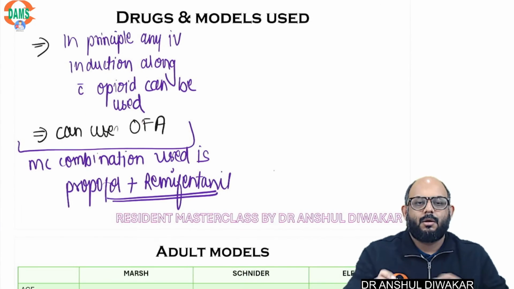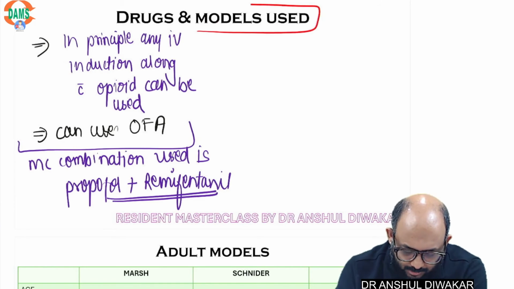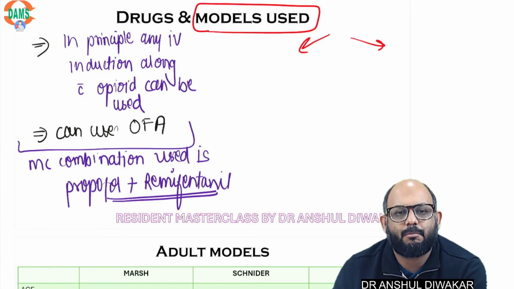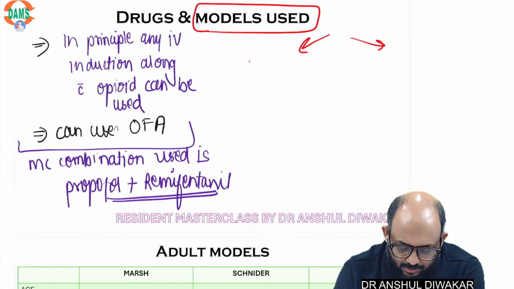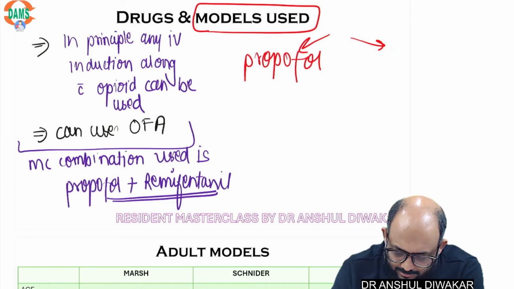Okay, propofol and remifentanil. Now, because these are the two drugs that are most commonly used, therefore we will discuss the names of the models that are used to deliver these drugs. So propofol and remifentanil.